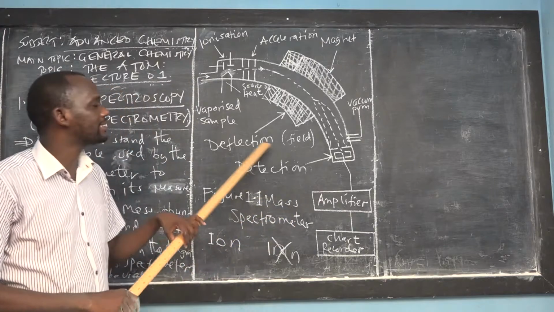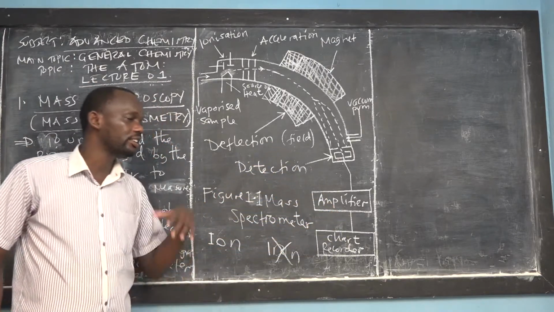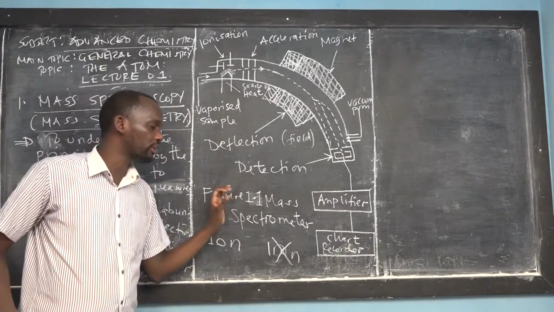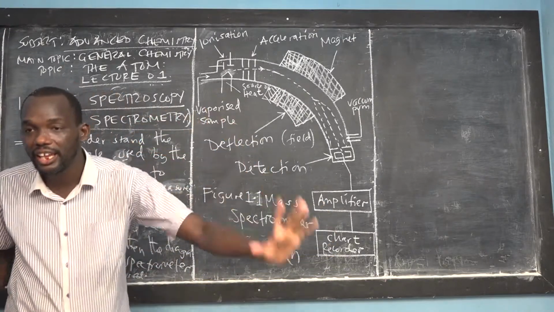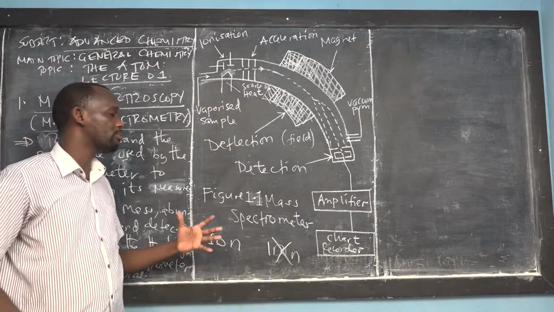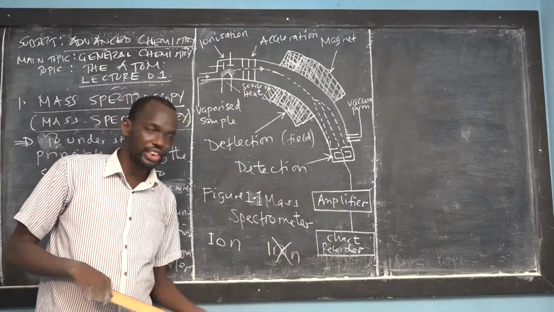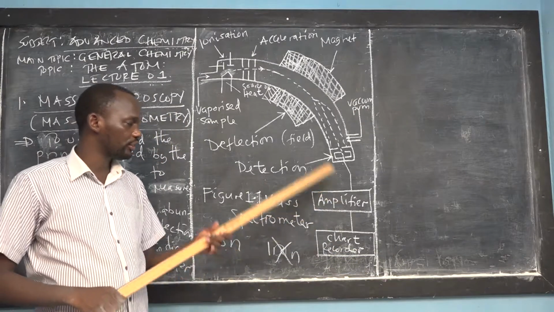Here the ions will be amplified. What is the meaning of amplification? It means changing the magnitude from a small magnitude to a large magnitude by using an amplification factor, which we call the gain. It might be current gain or voltage gain.